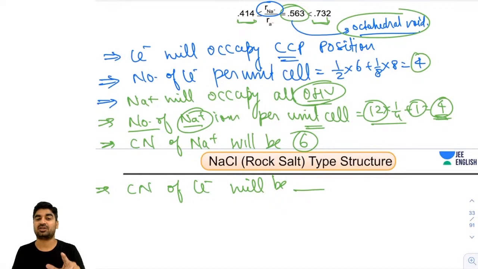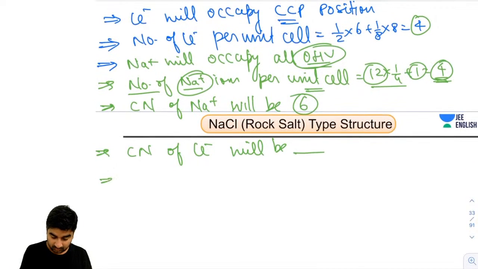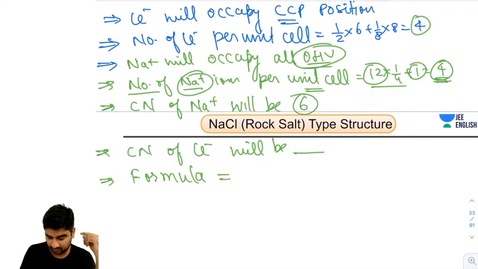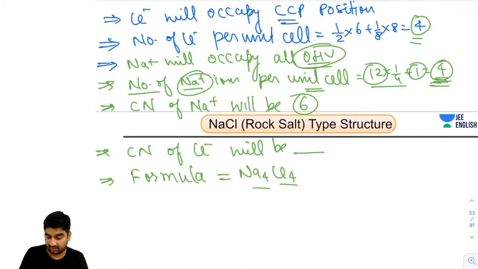Because it is going into the octahedral void, right? So what is the formula for it? Na4Cl4, because both are 4. So I will write it as NaCl4.